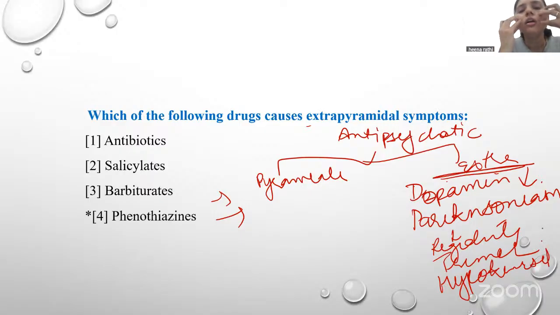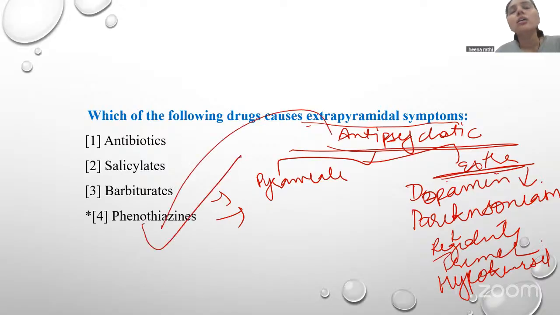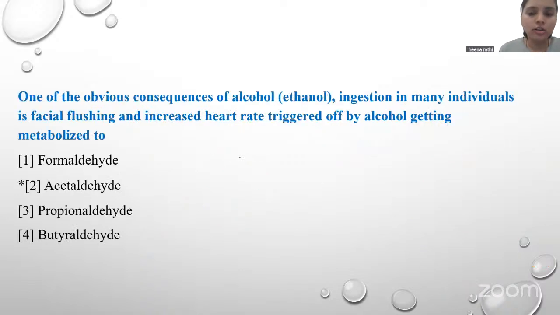There will be the facial tics. There will be the dystonia, muscular dystonia, because of the side effect of the extrapyramidal symptoms. It is usually seen with the antipsychotics. One of the antipsychotics is phenothiazine, like chlorpromazine. So it is seen with these drugs.